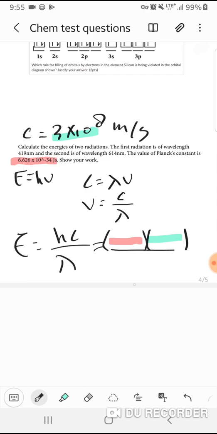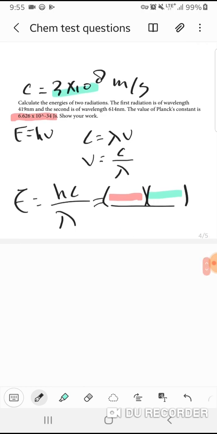Times lambda, 419 nanometers. But we want our units to be in meters, because we always do that.